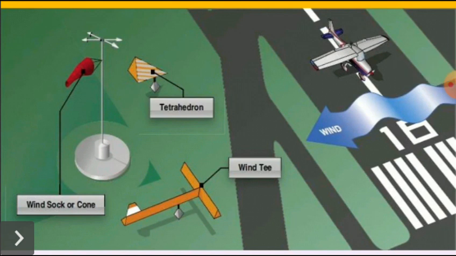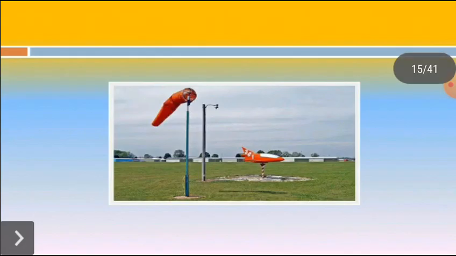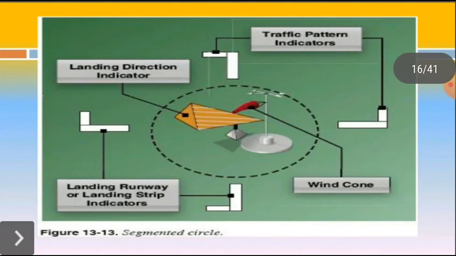As shown in the figure, the wind direction indicator should be placed. This image shows the landing direction indicator and the wind direction indicator along with the segmented circle.